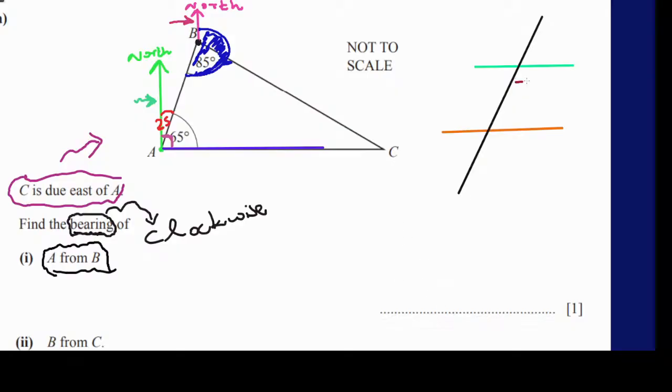This red angle and this green angle are co-interior angles. They make the shape of the letter C, so we can also call them C angles, but that's not the proper term. The proper way to describe these two angles is as a pair of co-interior angles.